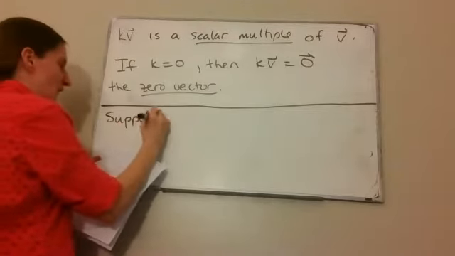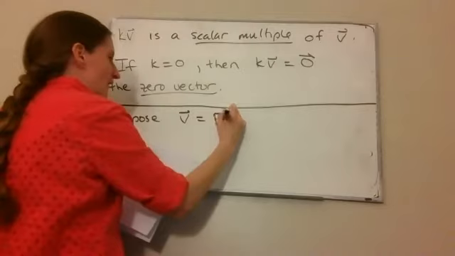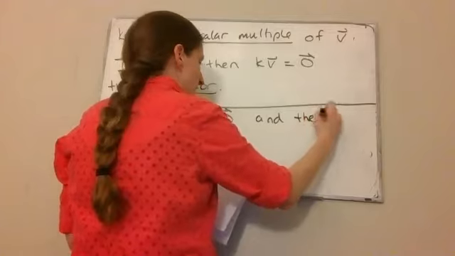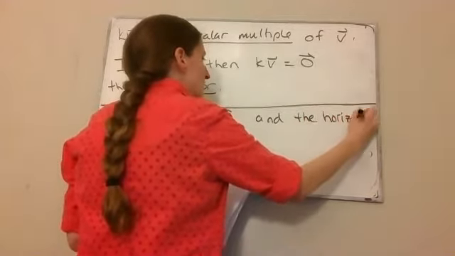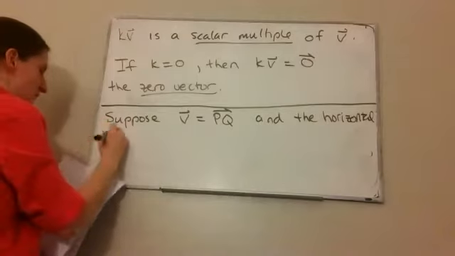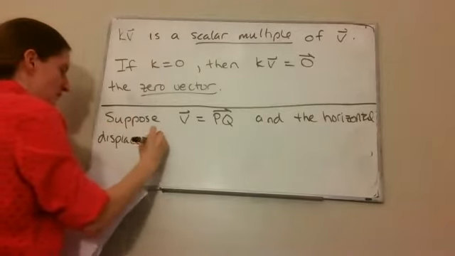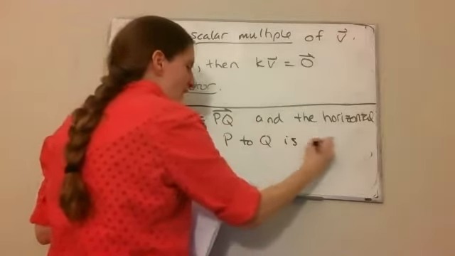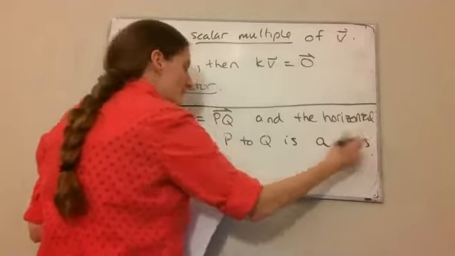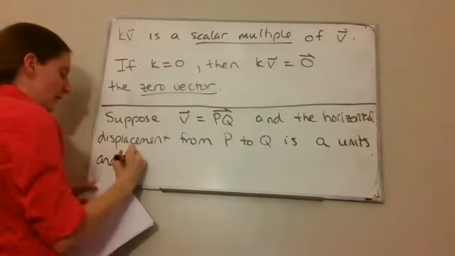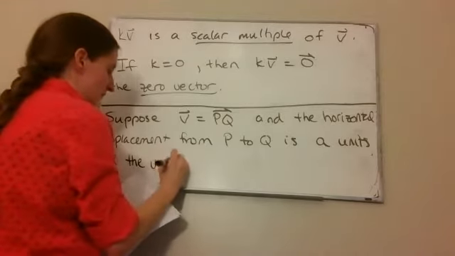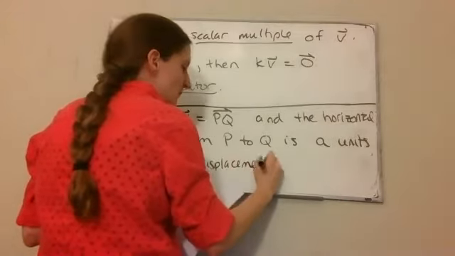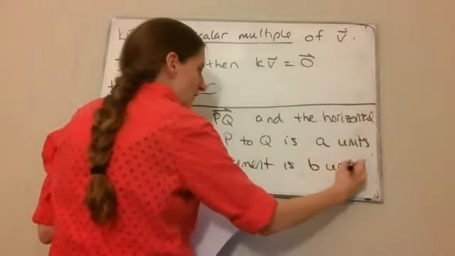Let's suppose vector v is the vector from P to Q, and the horizontal displacement from P to Q is A units, and the vertical displacement is B units.